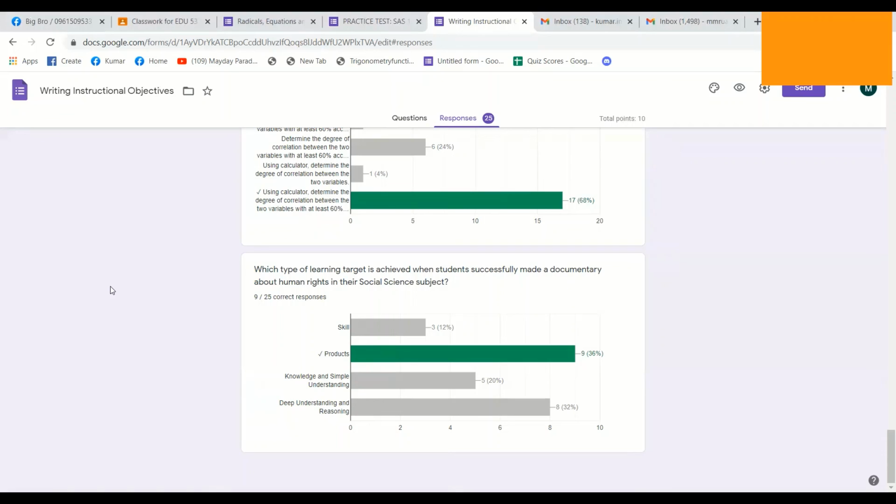Or let us say he knows how to dance, and he is proficient in dancing, for example, then that would be his skill. Knowledge and simple understanding, that in the cognitive level belongs to remembering and understanding. Deep understanding and reasoning belongs to applying and above. And I guess that's it.